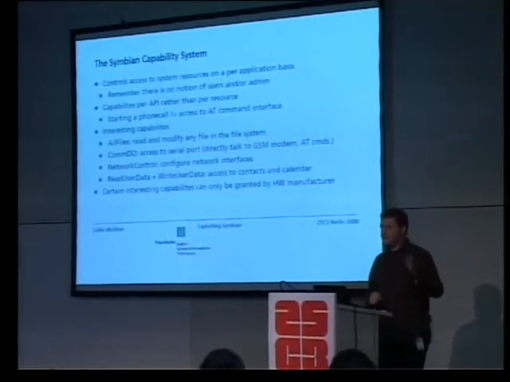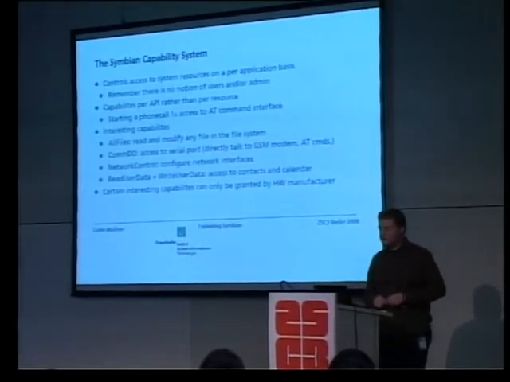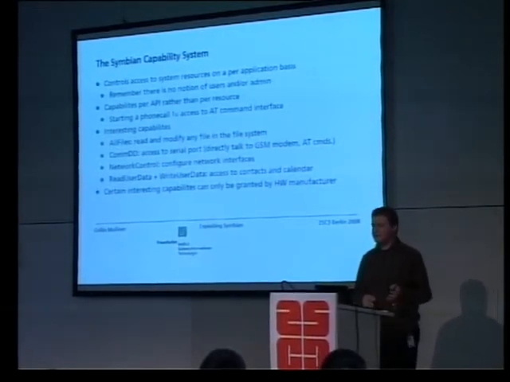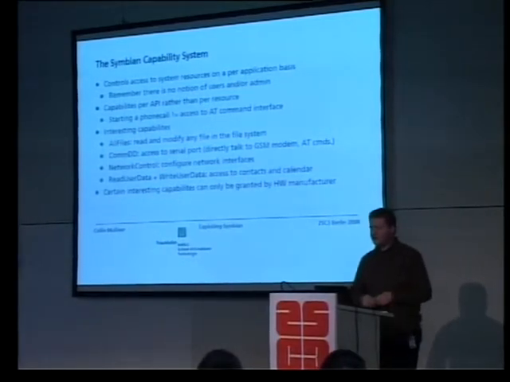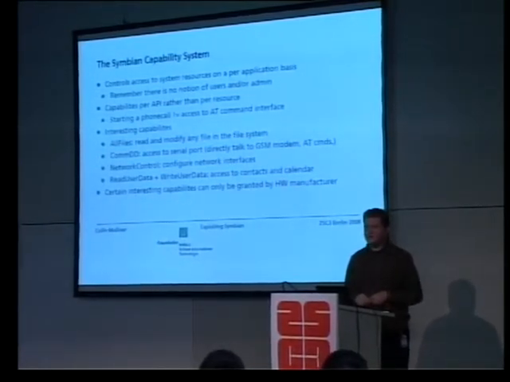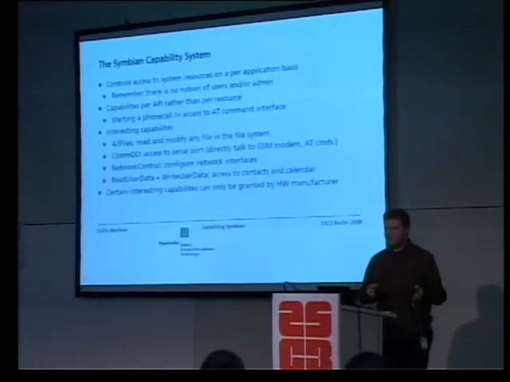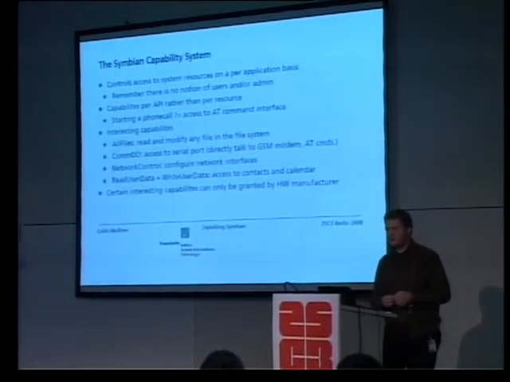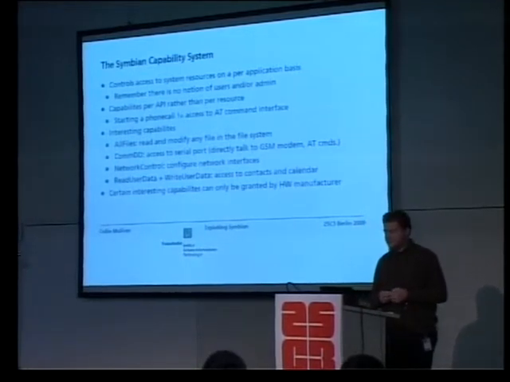So you cannot just say, okay, this user can do everything with the network interface. In Symbian, it's per API, so you can say, okay, this application can start a phone call, and this application gets low-level access to the AT command set of the phone. It's quite nice, yeah.